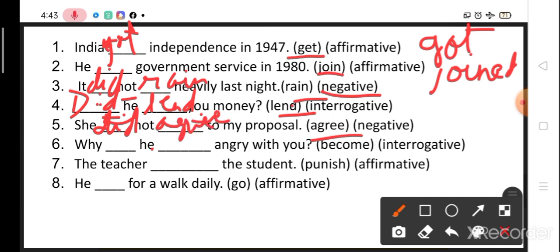She did not agree to my proposal. Why did he become angry with you? The teacher punished. Again, the past form is punished.